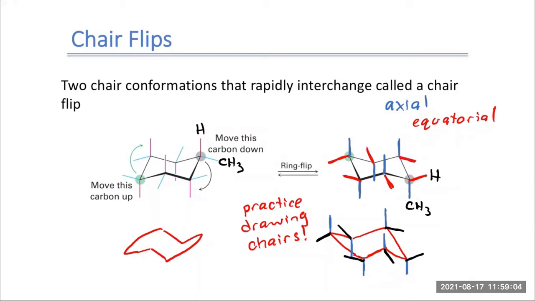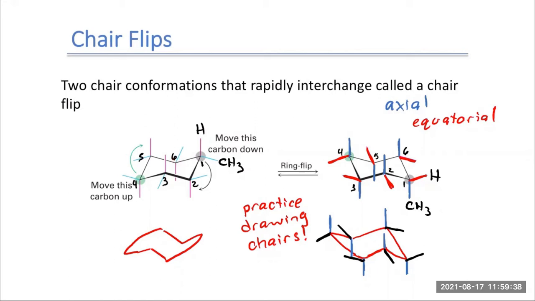That one, if we count 1, 2, 3, 4, 5, 6, becomes 1, 2, 3, 4, 5, 6. So you can see if you called this one carbon 1 and you tried to call this carbon 1, that's not the same one. That's carbon 6 now. That's the one over here. That's in the middle still. It's not one of our points.